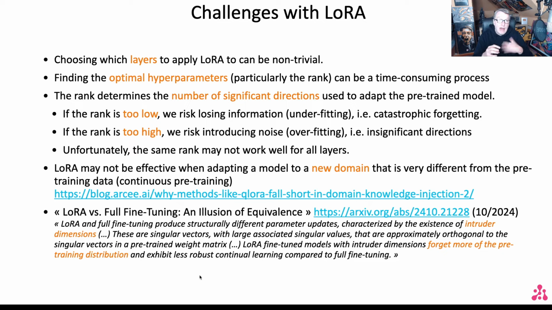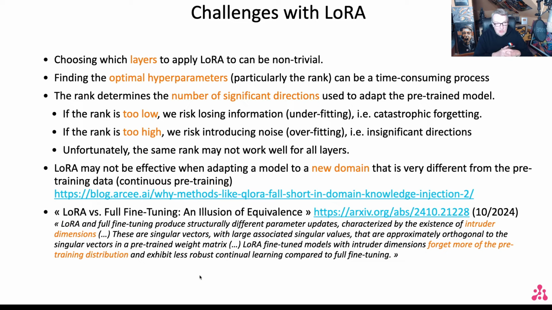If you have a high rank, well, not only won't you save as much GPU memory, but you may also be fine-tuning the model in dimensions that are not so relevant, right? Or could be noisy, and maybe you could be overfitting. So again, picking the value is all about compromise.